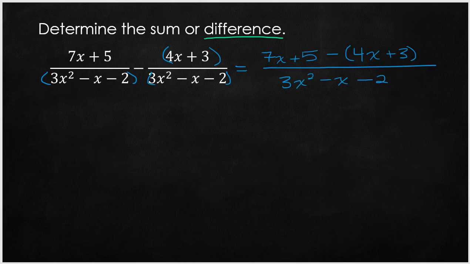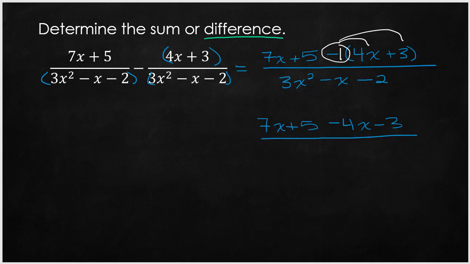So I like to put parentheses around it just as a little bit of a visual reminder. And this is like saying -1. So I'm going to take this -1 and distribute it through all of this. All right, so now my next step, I have 7x plus 5 minus 4x minus 3. Because -1 times 4x, -1 times 3.